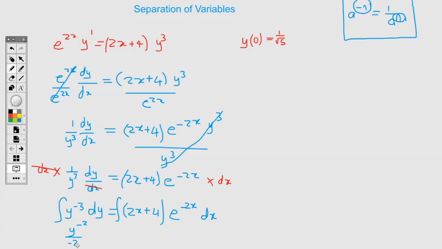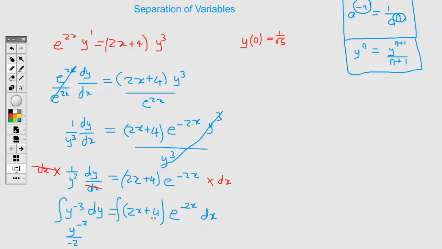Just remember the rule is, if I have y to the n, then integrating this, I will have y to the n plus 1 all over n plus 1. That's the integration rule.